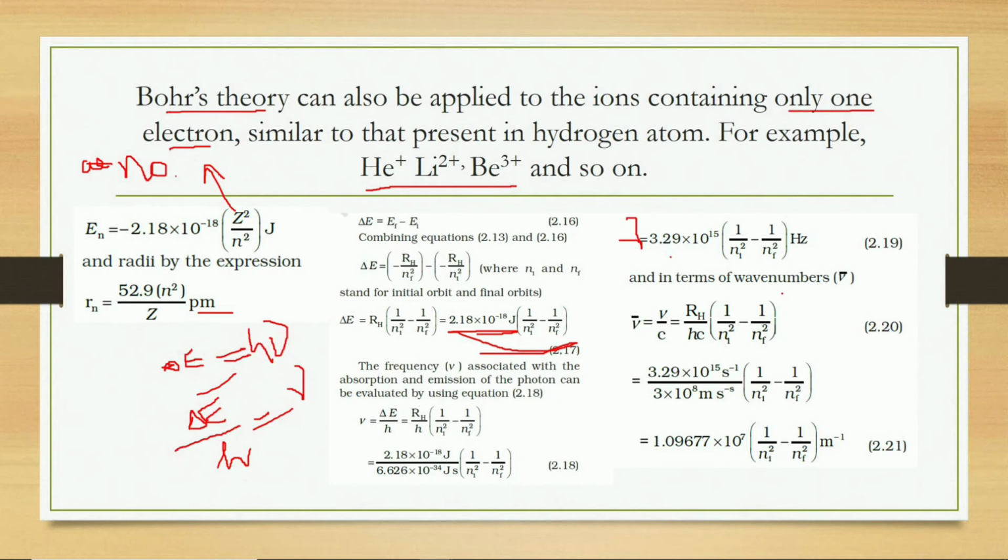If we want to calculate the wave number, we know that wave number is equal to 1 by lambda, and frequency is equal to c by lambda.